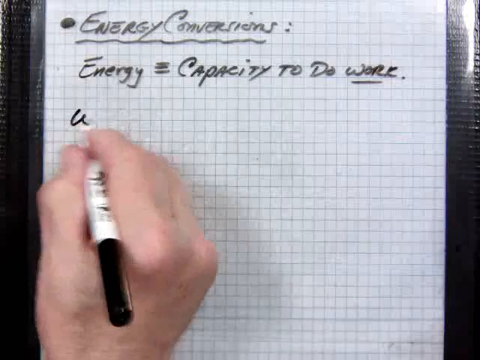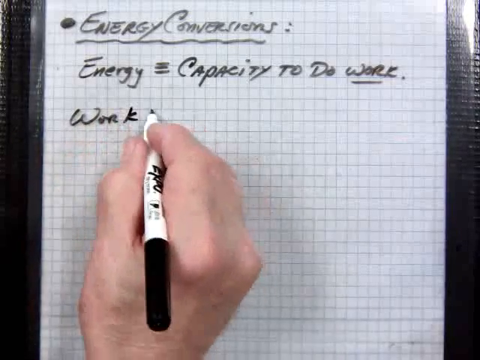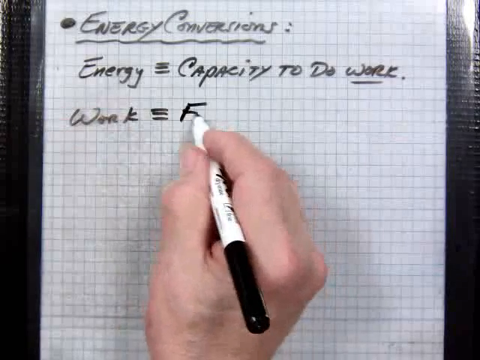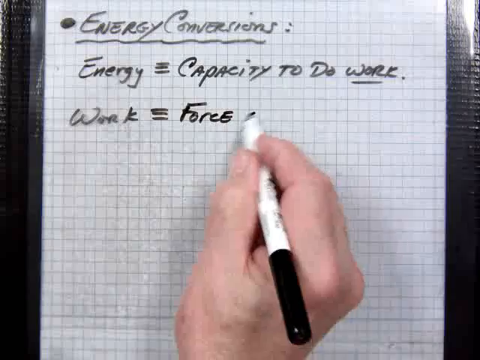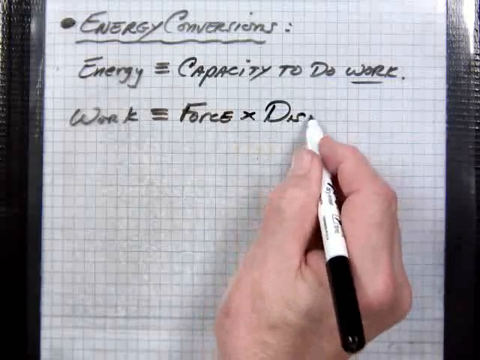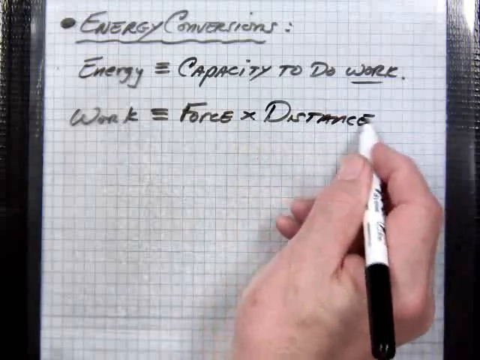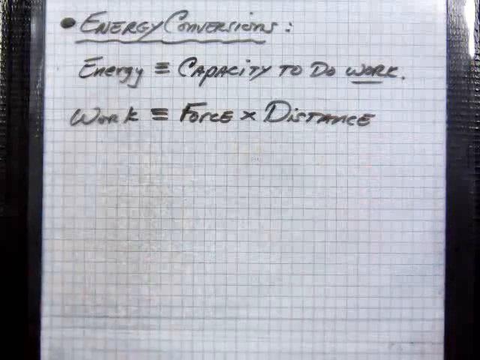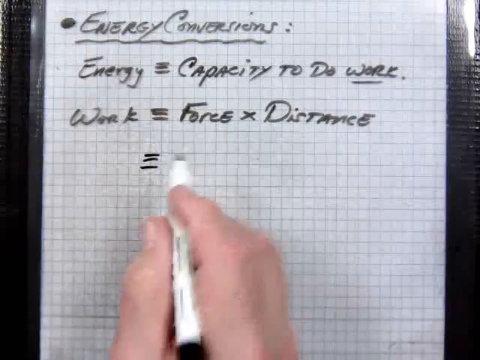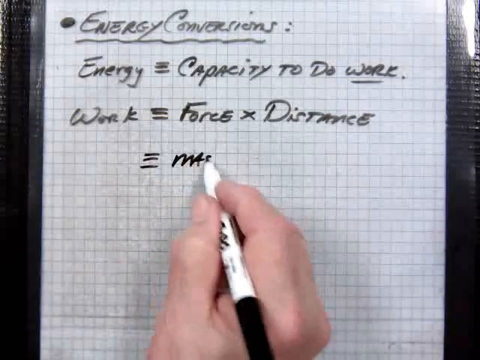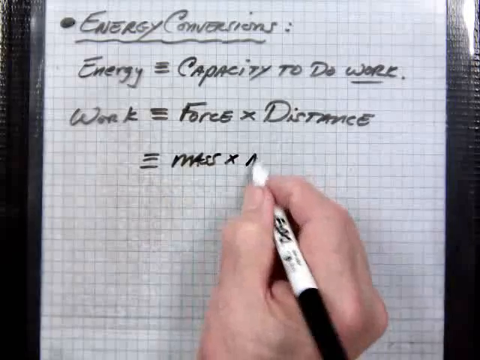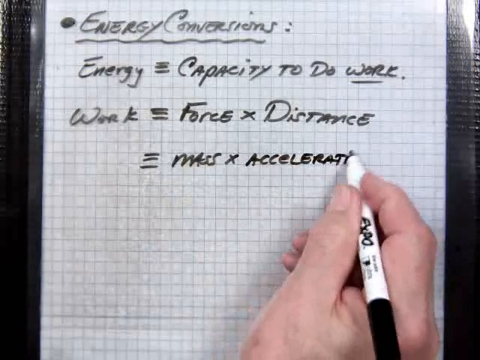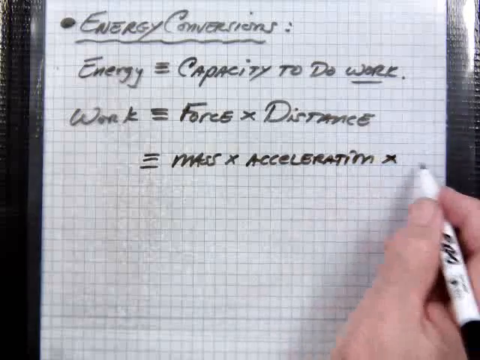Work, by definition, is a force acting over a distance, or force times a distance. Well, also from our physics friends, it turns out that force is mass times acceleration, and then again times distance.